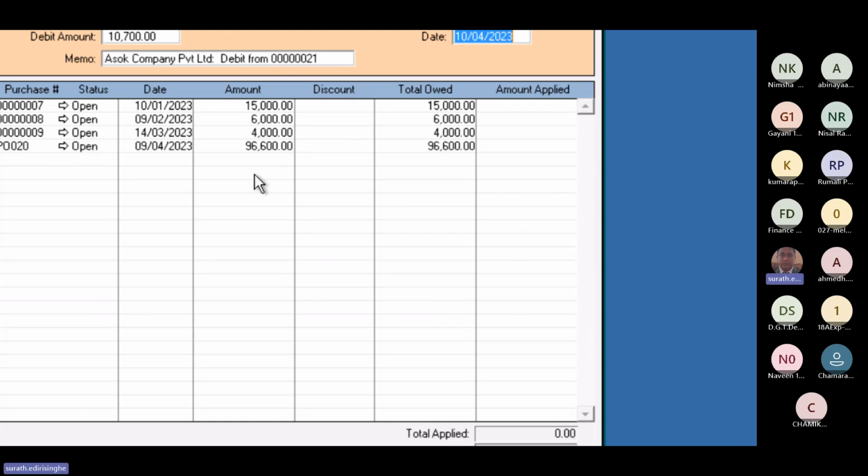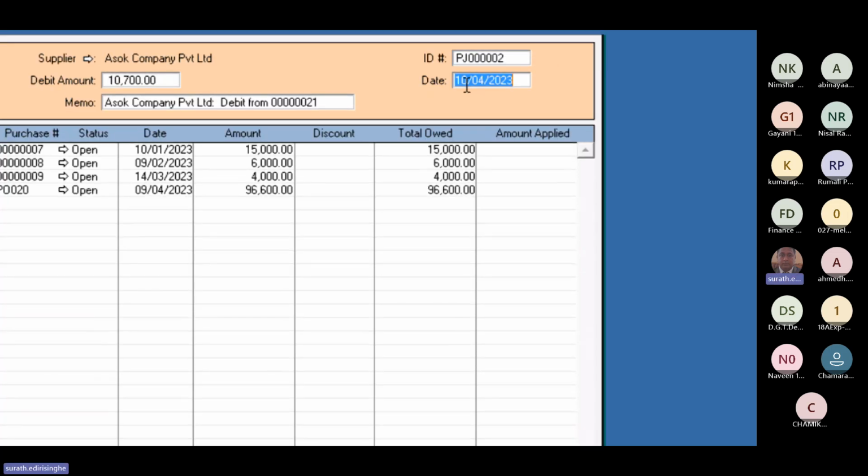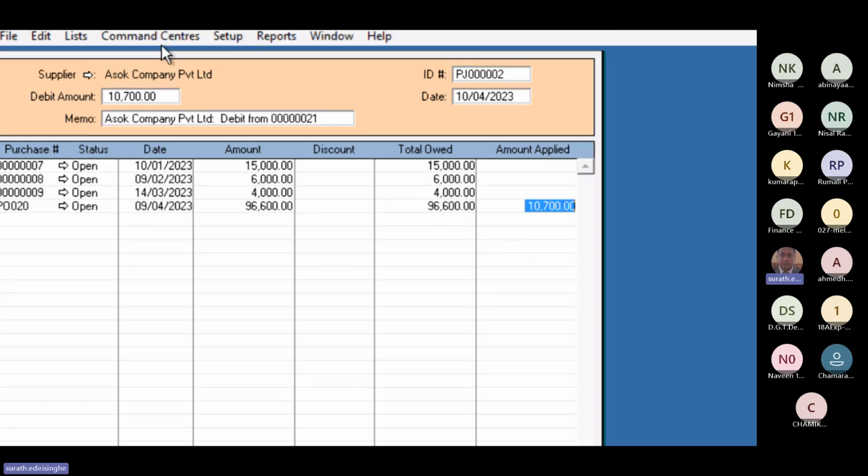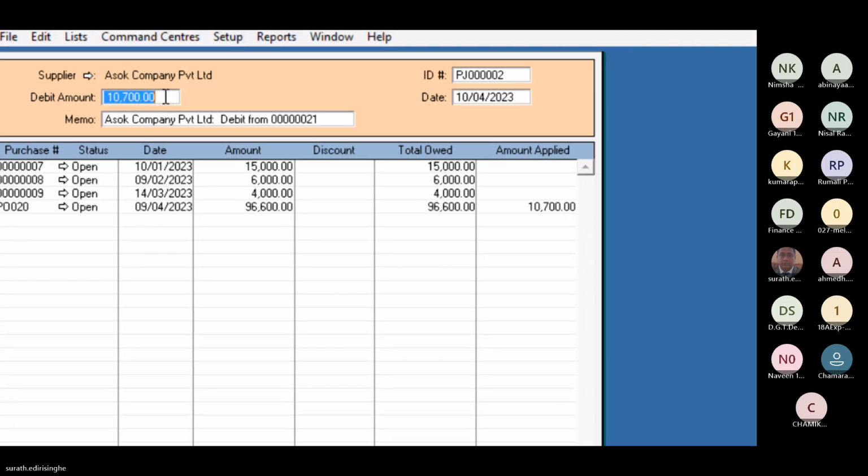Now this total amount is reduced to 96,600 because of the previous returns. Then it automatically takes the date. Click in front of here, then take the 10,700. Look at it, the system correctly identified. Then click on debit amount and click on tab.